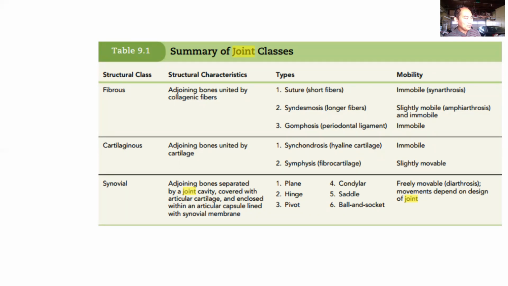Fibrous joints can be divided into three further smaller groups. For cartilaginous, there are only two, synchondrosis and symphysis. And for synovial joints, there are three different types of synovial joints. Synovial joints have many different characteristics, which is important.